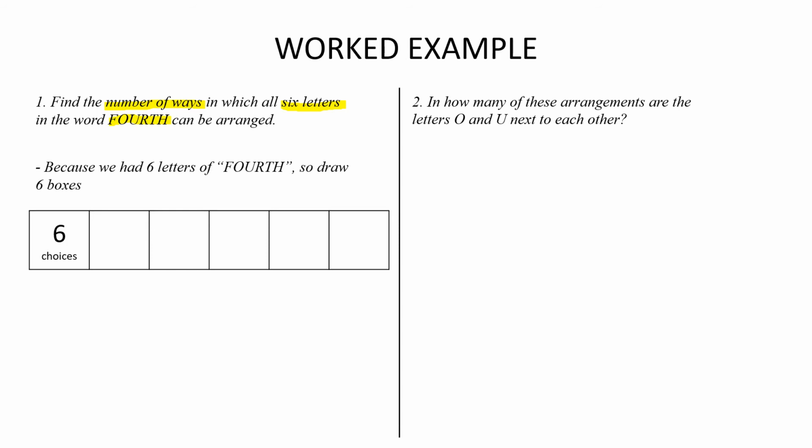Then we have 6 letters, which means that for the first box we have 6 choices. So let's say we put F in the first one. For the second, we only have 5 choices left, and it goes on, as I mentioned in the video before this.